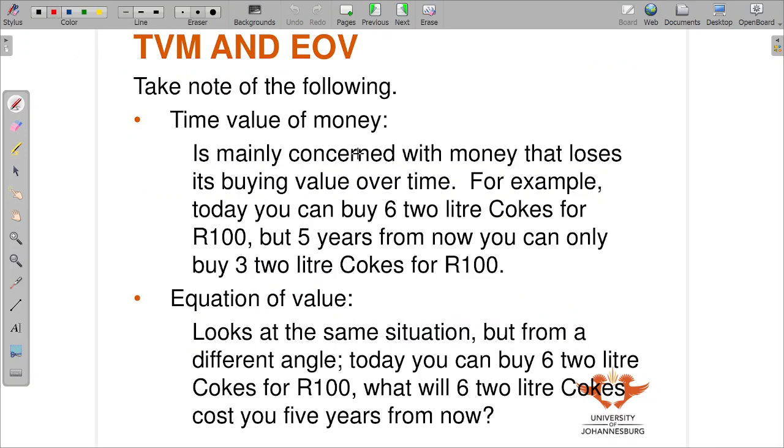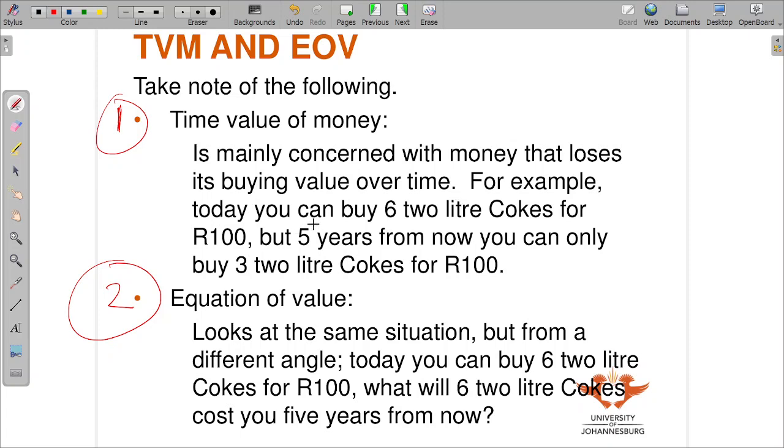Now, let's take note of these two things. Number one is what we call time value of money. And number two is what we call equation of value. In time value of money, we want to know how money loses its buying power, its buying value over time.